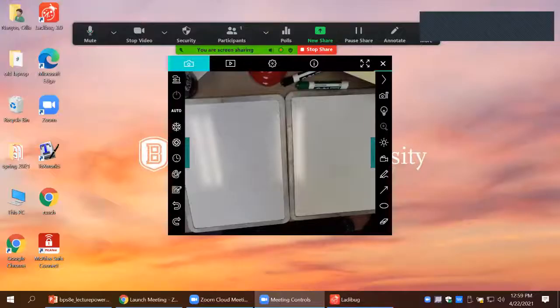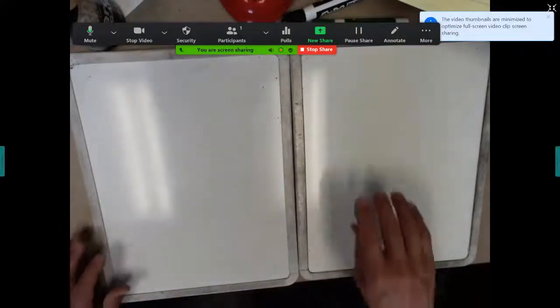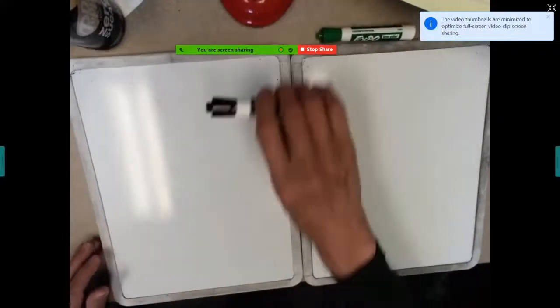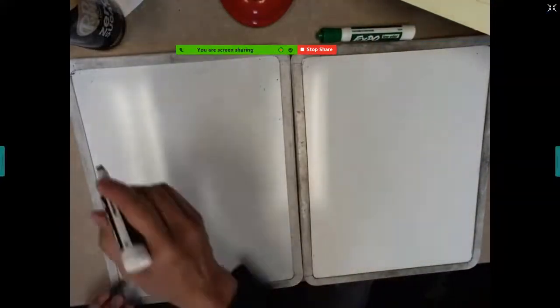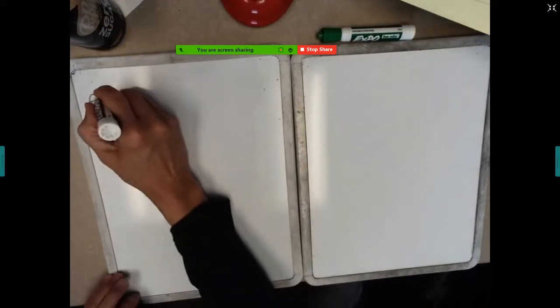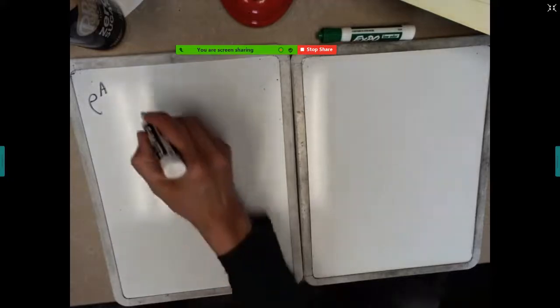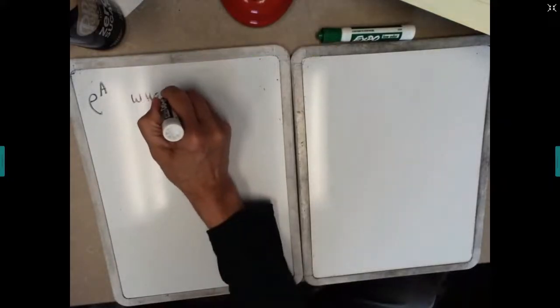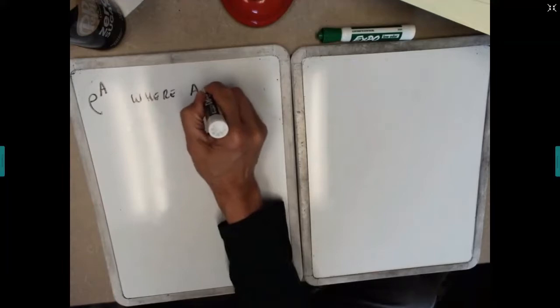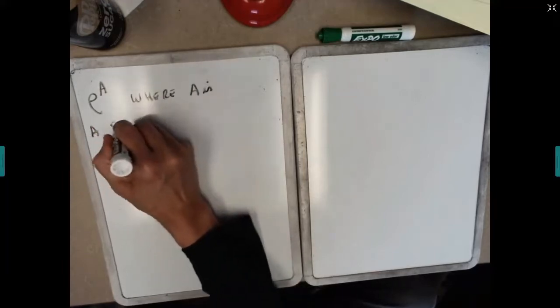First of all, let's talk about what the definition of an exponential of a matrix is. The definition is usually written e to the A, where A is a square matrix.